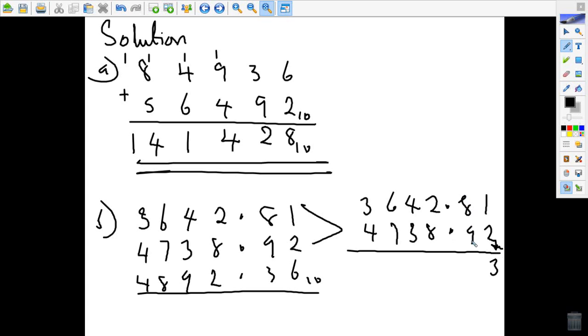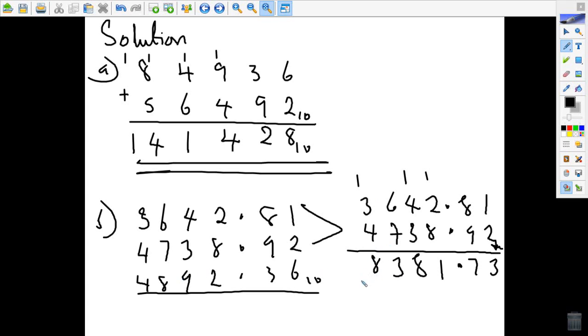This plus this is 17, 7 carry 1, remember the point. This plus this is 11, write down 1, carry 1. That gives you 8, no remainder. This one gives you 13, then 3, carry 1. So this plus this will give you 8.